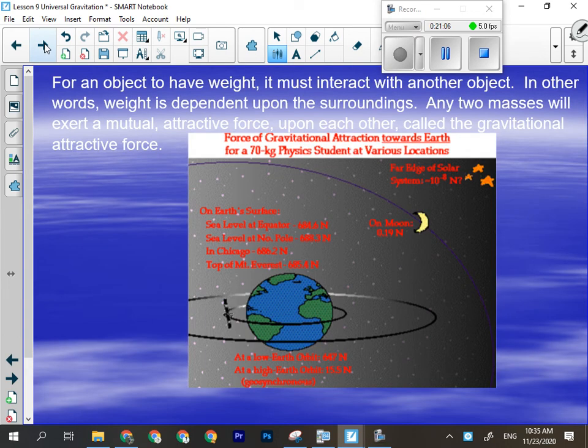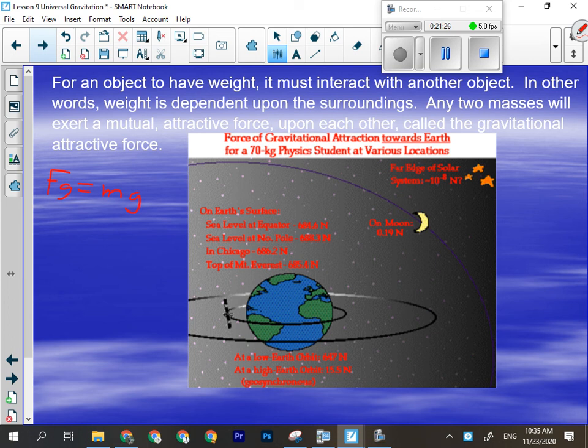All right. So for an object to have weight, it has to interact with another object. There have to be two masses interacting. Because weight, according to what we know, is not as simple as this. We write that because it works on the Earth's surface.